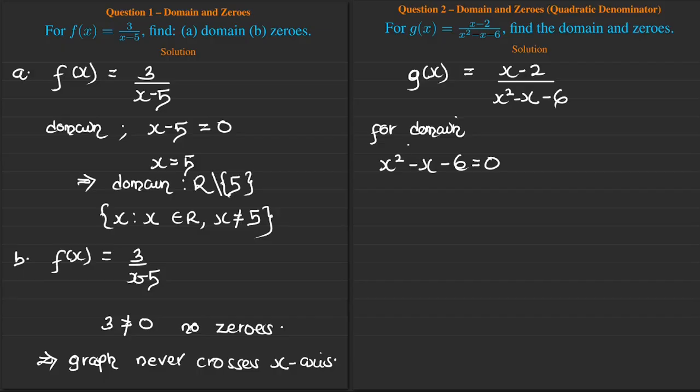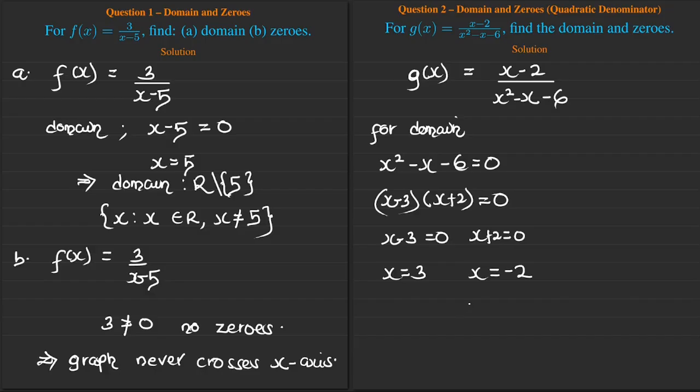Now, if you factorize this with the method of factorization we've done so far, you get x minus 3 and then x plus 2, which is equal to 0. You then equate x minus 3 to 0. Hence, our x is equal to 3. Then x plus 2 also to 0, and our x is equal to negative 2.